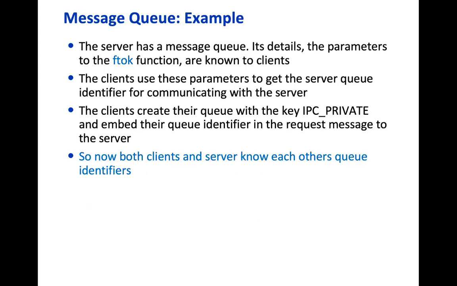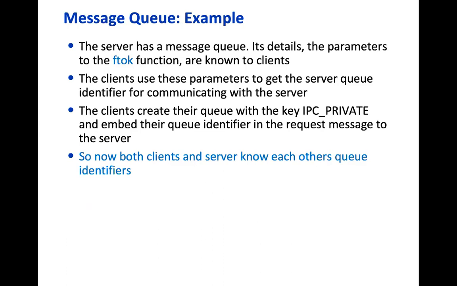Now, so now server messages can be read by client. How about client messages? Okay, client part is a little simple. Client can also do the same thing and create a message queue.